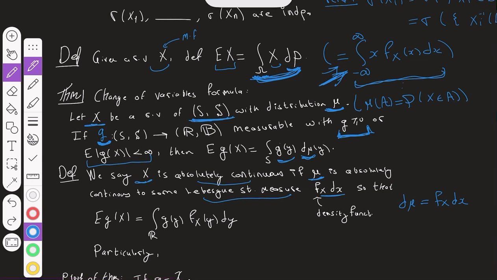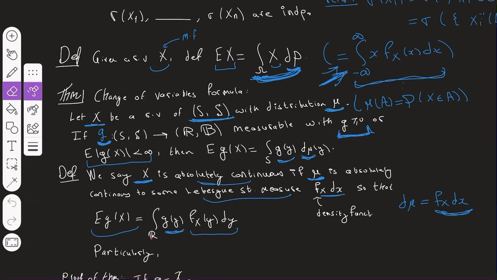In that case, instead of integrating with respect to d mu, if we assume that this theorem, the change of variable formula, is true, then we get right away that if X is absolutely continuous, i.e. if mu, its distribution, is absolutely continuous, then the expected value is the integral of g, but instead of integrating with respect to mu, we integrate with respect to f sub x dx.